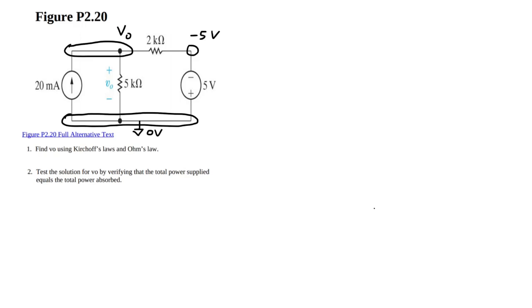You'll know because your KCL will tell you. So we're going to assume that all currents are leaving. We're just going to name these currents. So this is I out, here's I1, and here is I2.